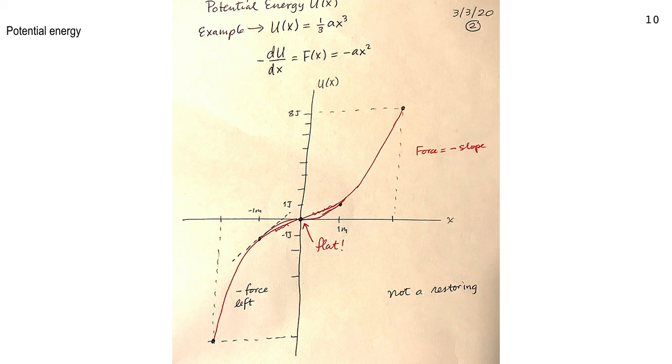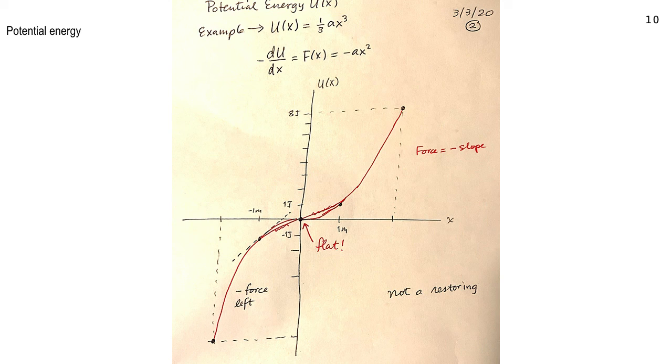Well, it's a little wobbly, but okay. So this is 1 joule. And let's go out horizontally. 1 meter. Here's 2 meters. Here's 0. And let's go back to the left, 1 meter, and then 2 meters. So this is negative 1 meter.